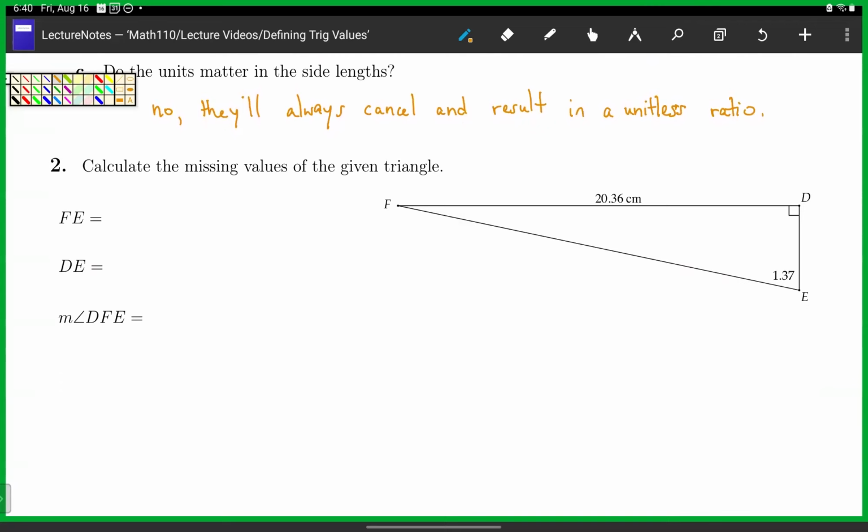So FE is the hypotenuse, FD is given, and we have an angle E is given.